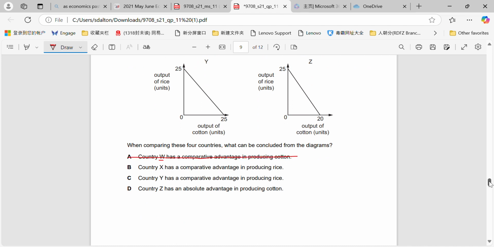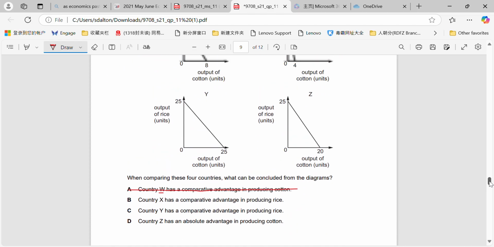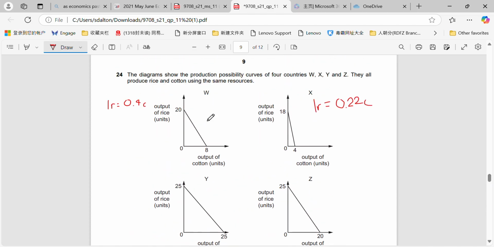Country X has a comparative advantage in producing rice. Sorry, I was calculating rice there, but if we do it the other way around, so one cotton in this case would be 2.5 rice. One cotton for country X would be 4.5 rice.